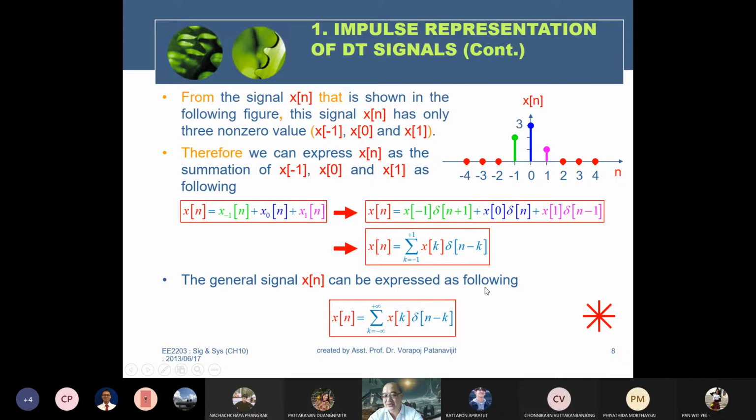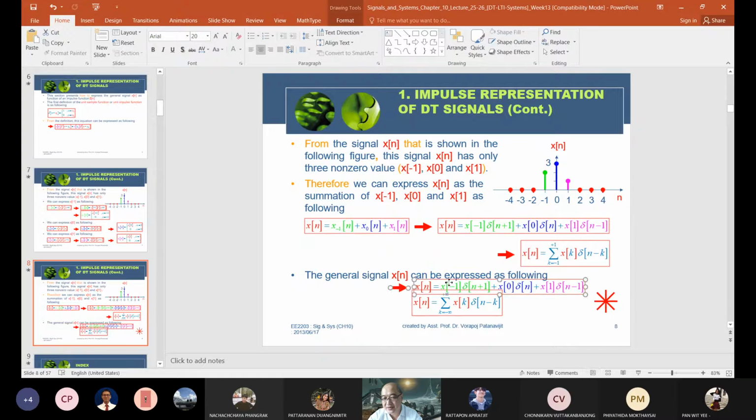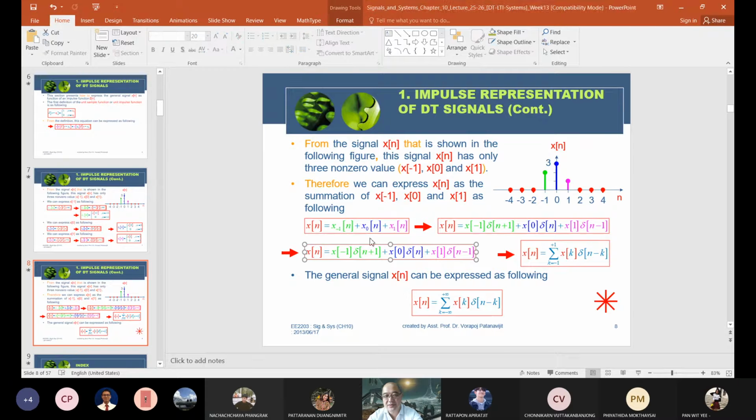You can express them in this form. I will write them in a little bit more detail to help you understand. 2, 3, 1.